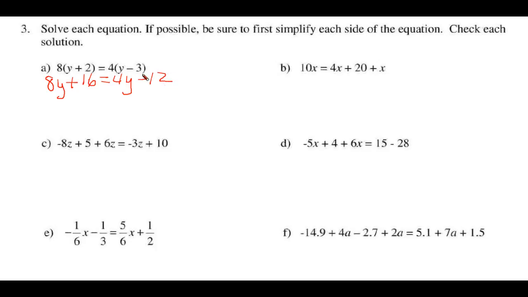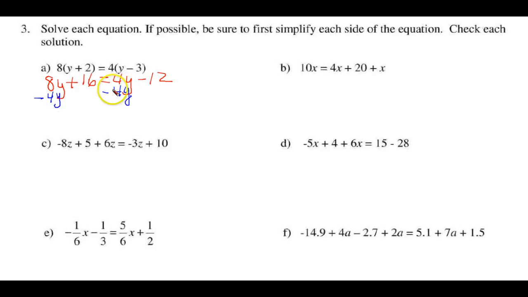Now, notice we have variables on both sides now. We want to make them such that there's variables only on one side and numbers on one side. And we want to try to keep our variables positive. So I'm going to subtract 4y here, subtract 4y there. Now be careful when you're working with signs.